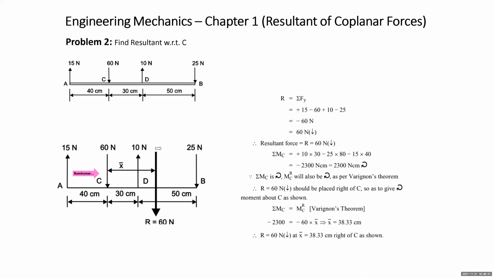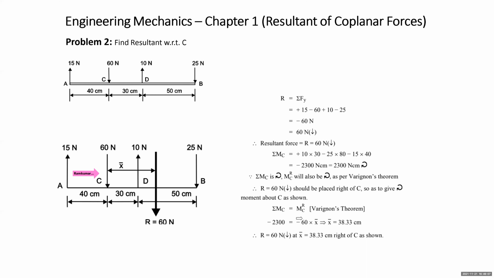So now the 60 Newton resultant, you have to place it compulsorily on the right of C. यहाँ पे दिखाओ, यहाँ दिखाओ, that does not make difference. You have to place it right of C somewhere and say at distance x bar. ये x bar की जगह हम d भी लिखेंगे तो भी चलता है. It is just a notation for perpendicular distance, right? If I am putting the resultant right of C, it will give me clockwise moment.